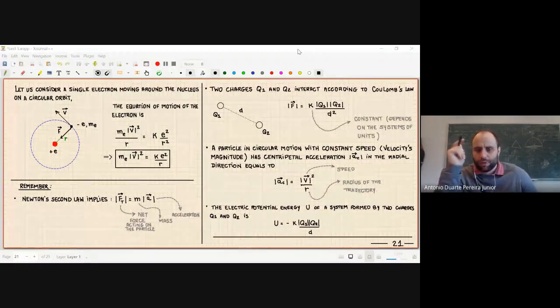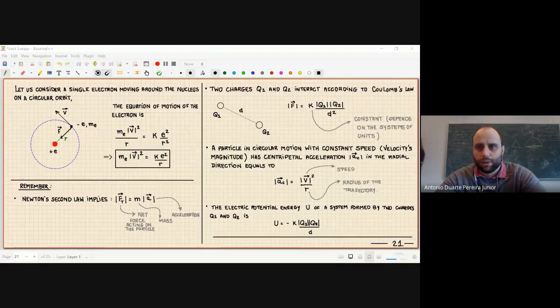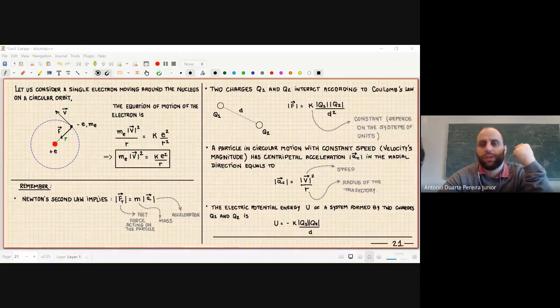Maybe I'm confused, so let me check. Just a second. Yeah, so as I said, it's not 9 times 10 to the minus 9, but rather 9 times 10 to the 9, in the standard units.